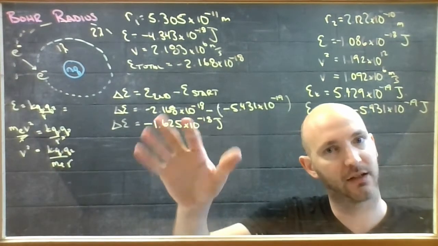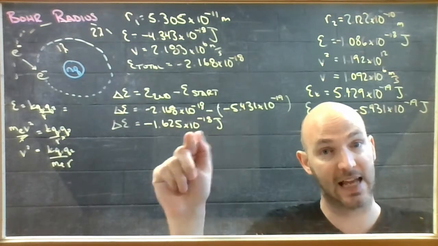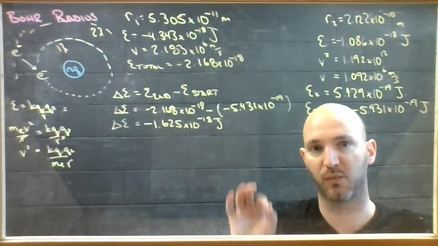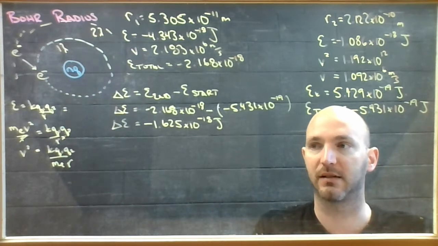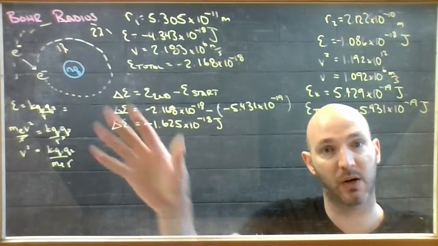It can't shed close to that, it can't shed a little more, can't shed a little less. It has to shed exactly that because it's only allowed to travel on these very precisely defined tracks. So exactly this amount of energy must depart this system.